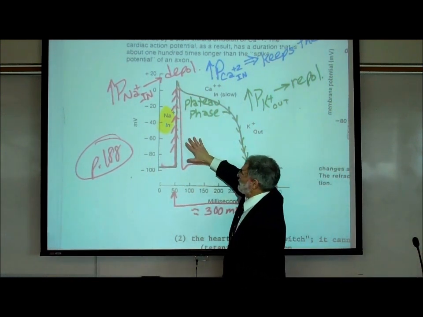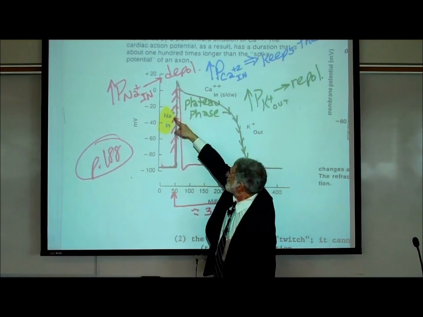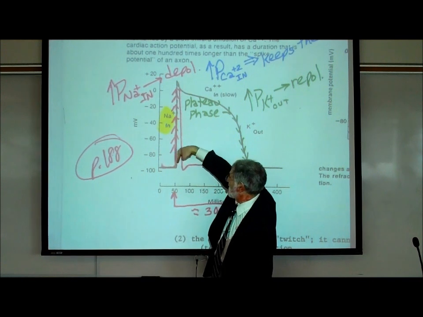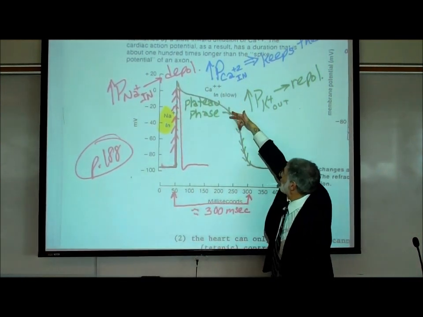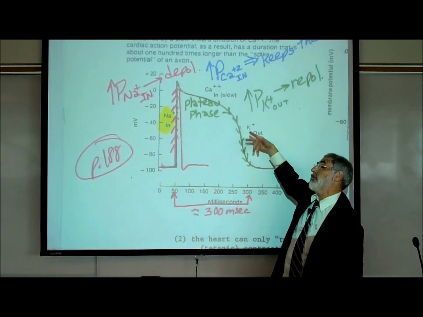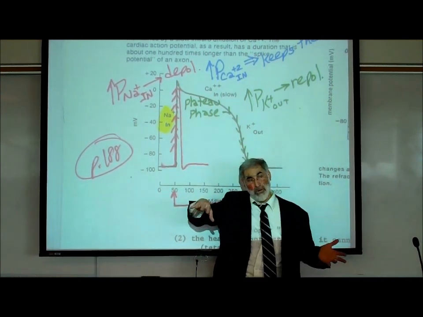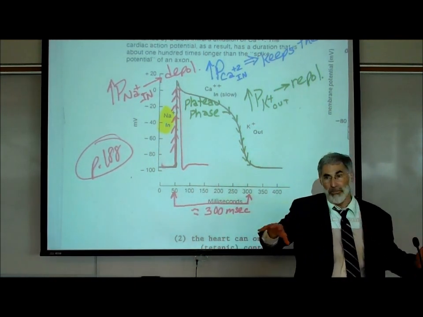In a heart muscle cell, just like in a nerve cell, as the sodiums flow in, it depolarizes, and way over here, the way it repolarizes is as potassium ions flow out. So it depolarizes and repolarizes in a heart muscle cell just like it does in a nerve cell.